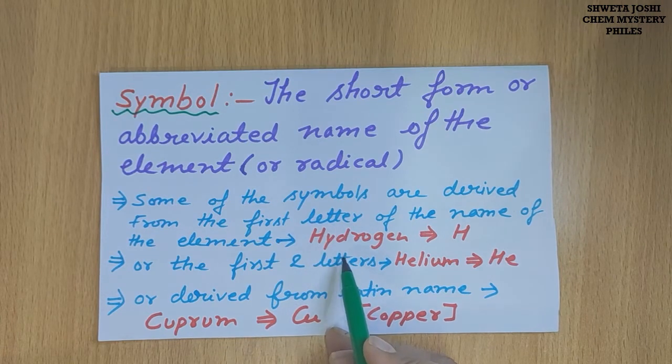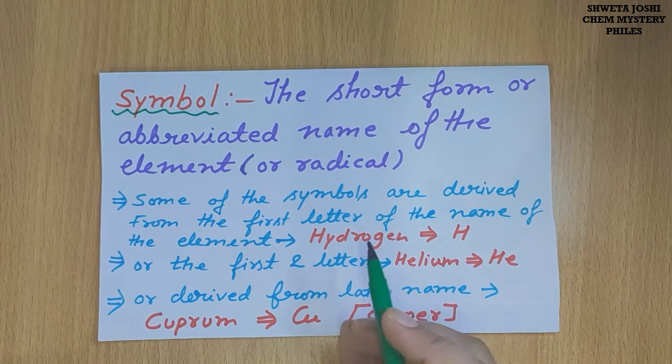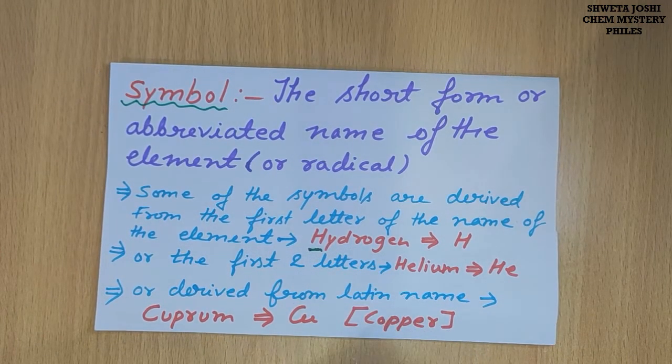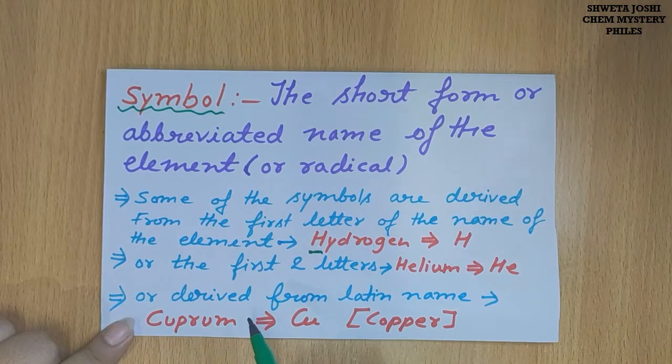Like for hydrogen, the symbol is H, which is the first letter of the name hydrogen. In some cases, when the symbol is already taken for some other element, in that case, the first two letters are used for writing the symbol of a particular element.